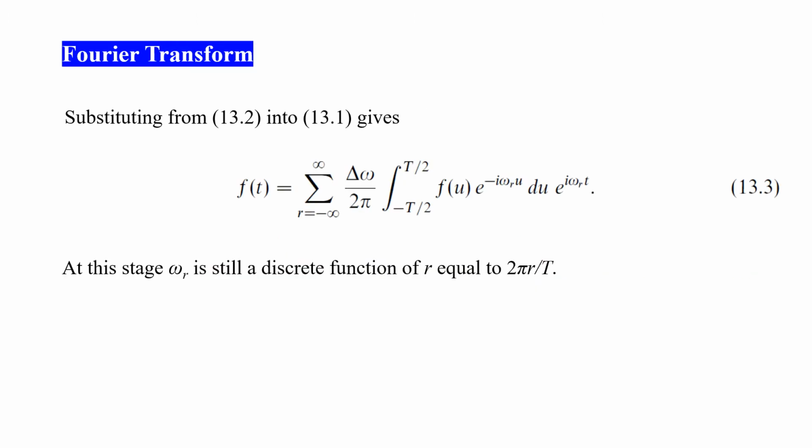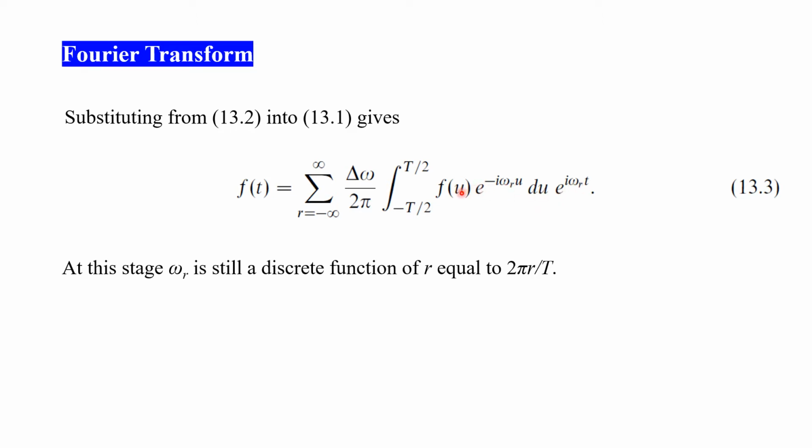Substituting from equation 13.2 into 13.1 gives us this expression for f(t): the sum of Δω/2π times the integral of f(u) e^(-iω_r u) du times e^(iω_r t).